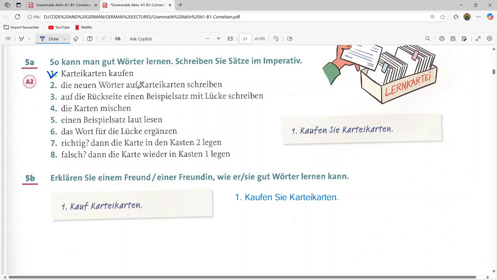Next one, die neuen Wörter auf den Karten schreiben.